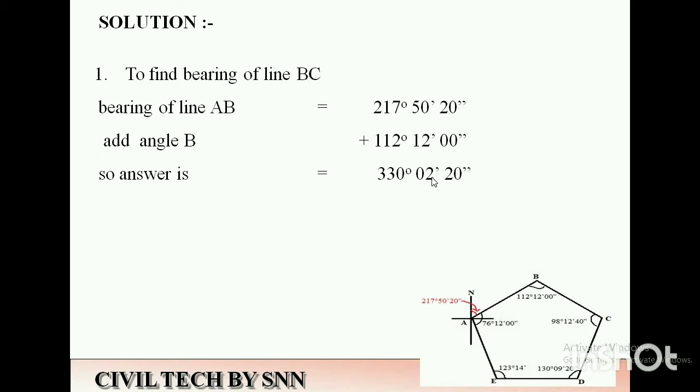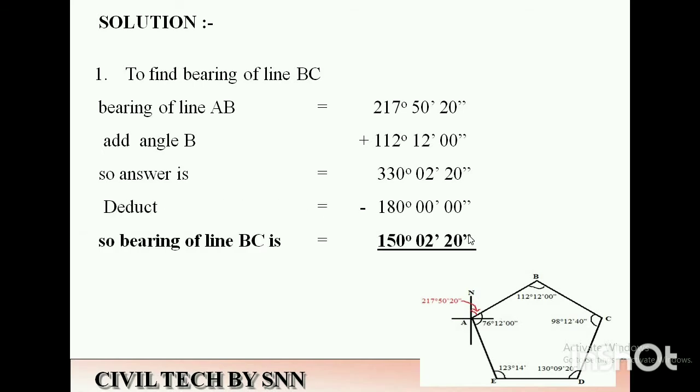So the answer is 330 degree 2 minute 20 second. Now according to our rule, this answer is greater than 180 degree. So deduct 180 from this answer. You will get the bearing of line BC, which is 150 degree 2 minute 20 second.